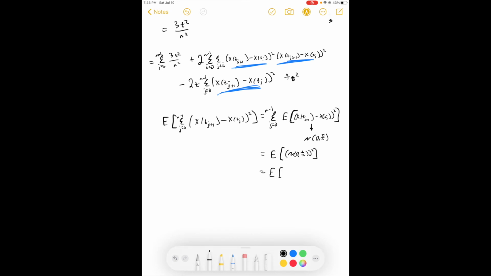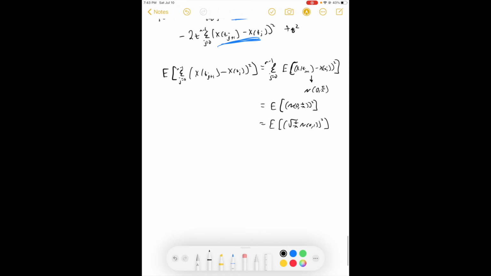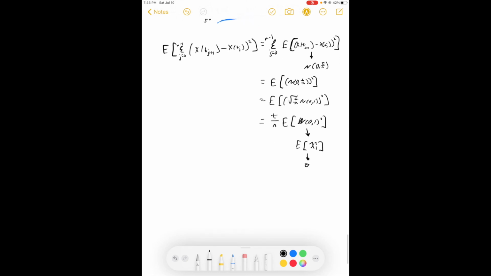Same trick as before. Square root of t over n times the standard normal squared. Square that and bring it outside all in one move. I think we can handle that. Expected value of a standard normal squared, which becomes the expected value of a chi-square with 1 degree of freedom, which is just 1.